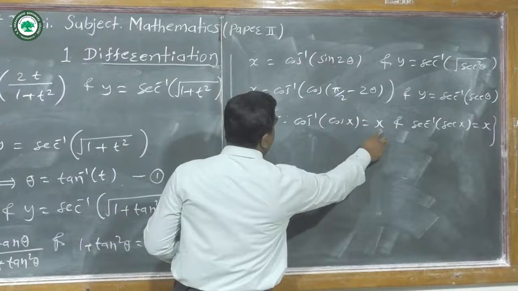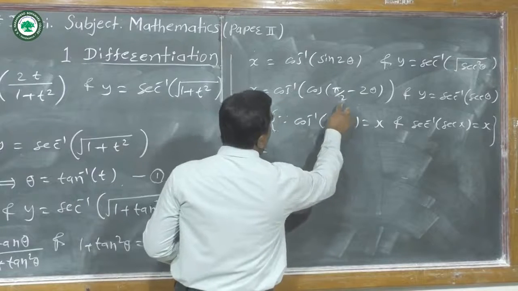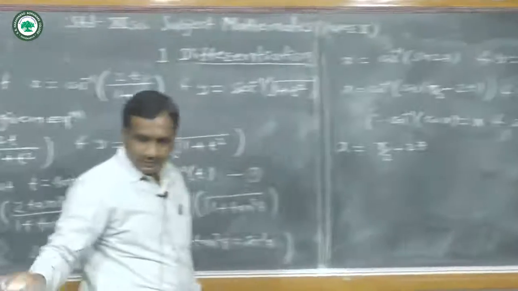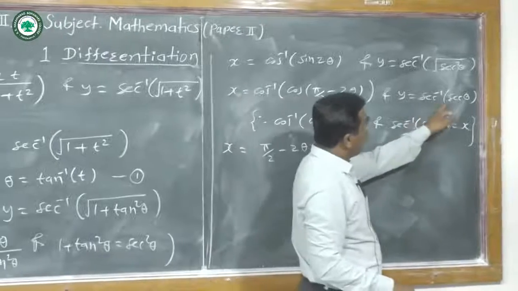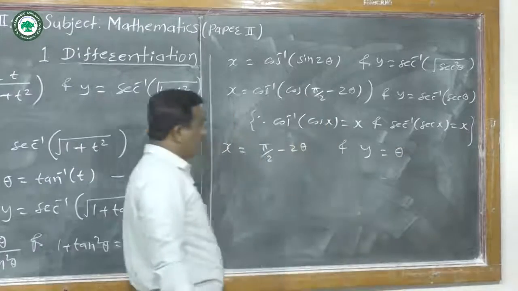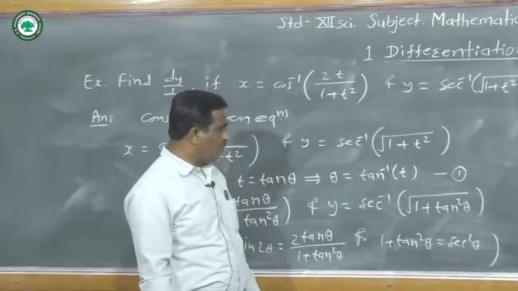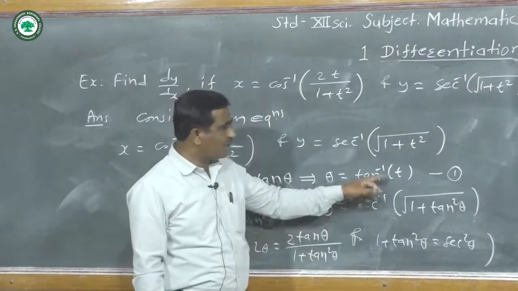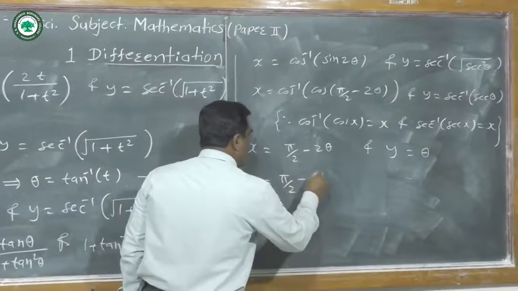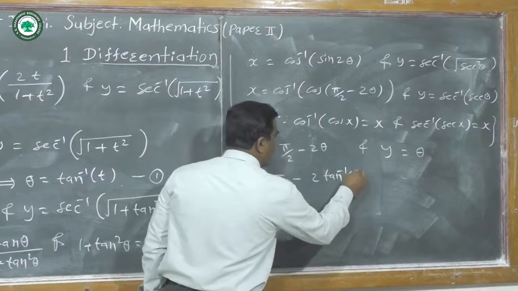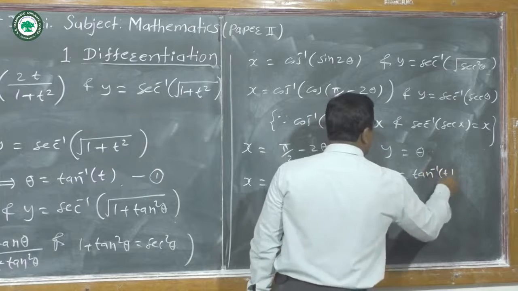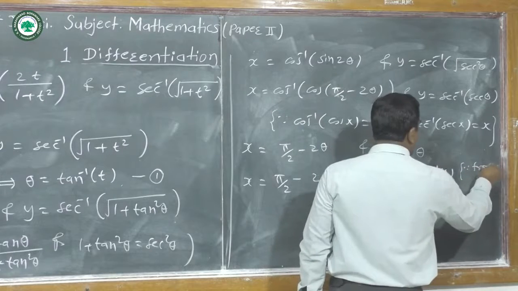Also sec inverse of sec theta means theta, so y is equal to theta. Now from equation 1, theta is equal to tan inverse of t. Therefore x equal to pi by 2 minus 2 into tan inverse of t, and y is equal to tan inverse of t.